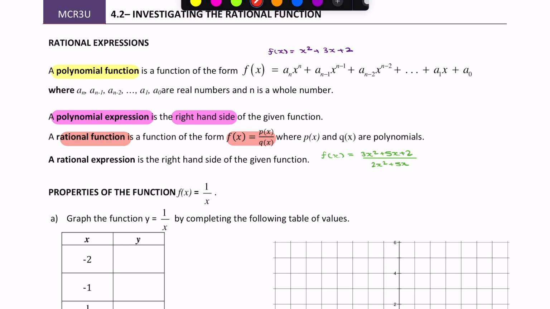A rational expression would simply be the right-hand side of the given function, so here that would be (3x² + 5x + 2) over (2x² + 5x).